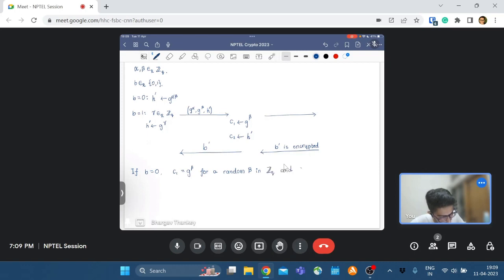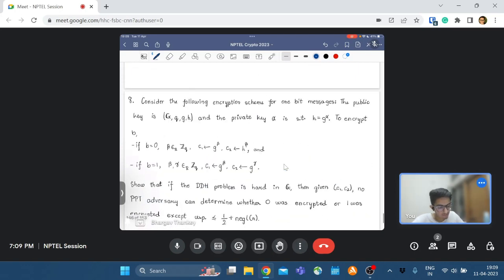And C2 is equal to h prime, which is equal to g to the alpha beta. Why? Because alpha is a private key as far as DDH is concerned, and h is g to the alpha.